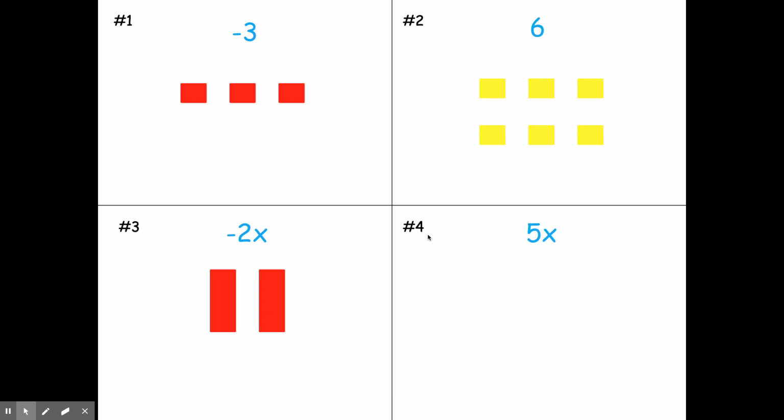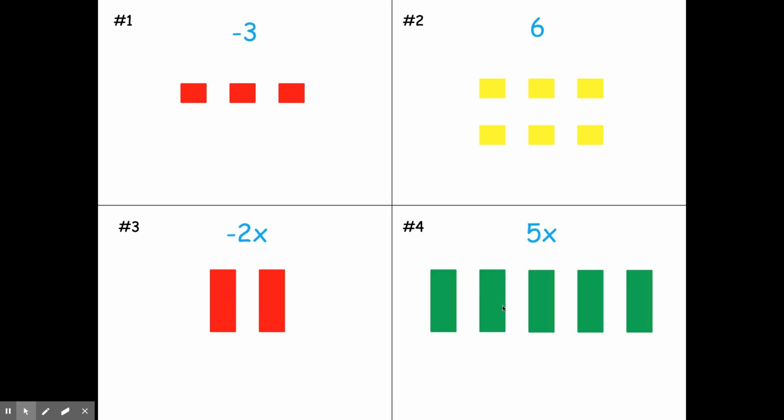All right. And then finally in box 4, I have 5x or 5 times x. So I'm going to use my bars to represent my variable. Well, how many x's do I have? I've got 5 of them. Are they positive or negative? Well, they're positive because there's no negative sign in front of it. So I'm going to use 5 green bars. 5x, 1, 2, 3, 4, 5x.